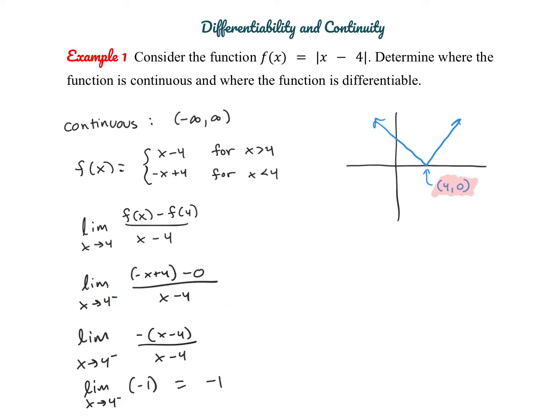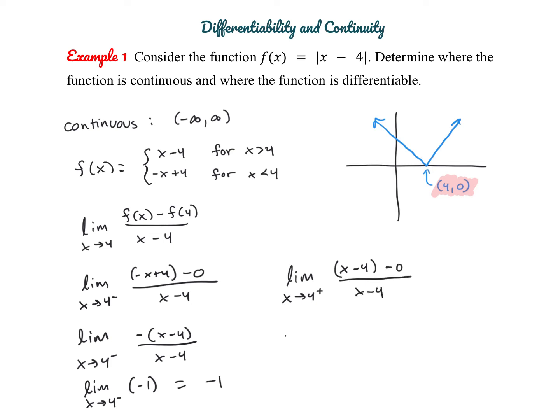So now let's find our right-handed limit. So the limit as x approaches 4 from the right. This time I'm going to use this portion of our function. So here we have x minus 4, that's f of x, and f of 4 is still 0, over x minus 4.